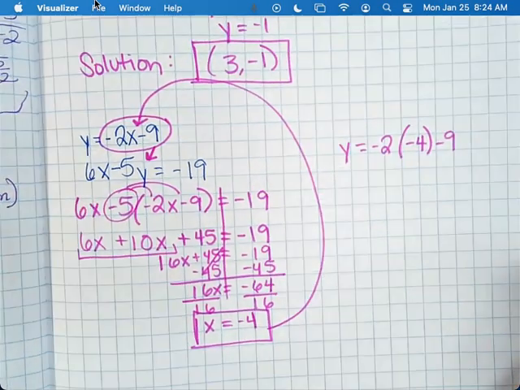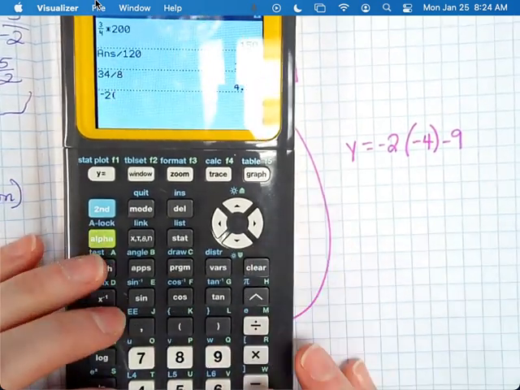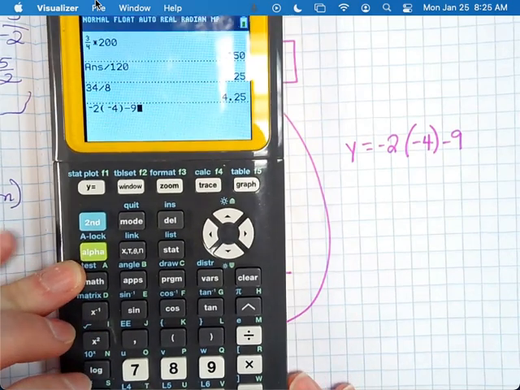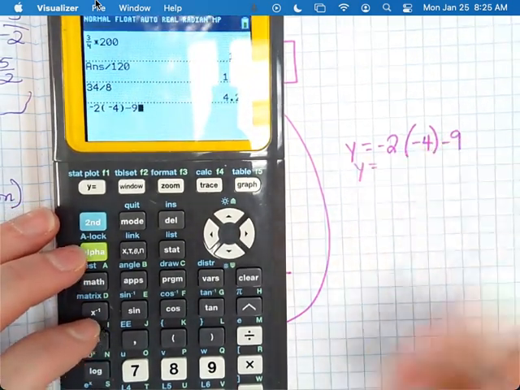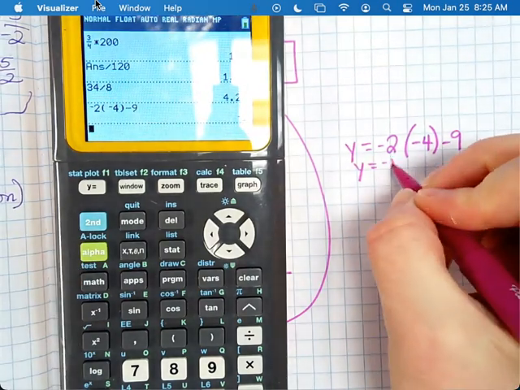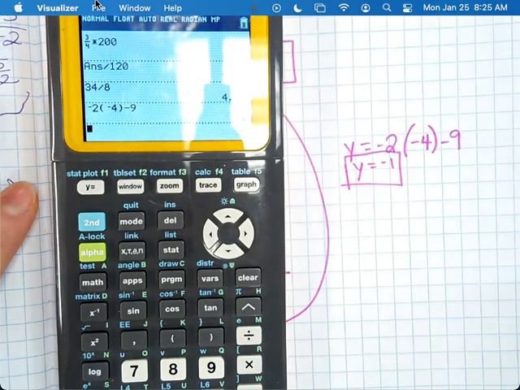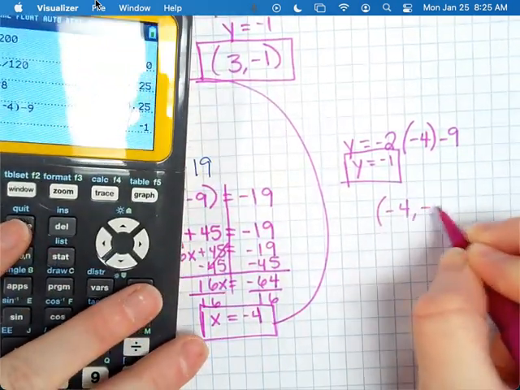It's 8, minus 9, negative 1. So then our solution is -4, -1.